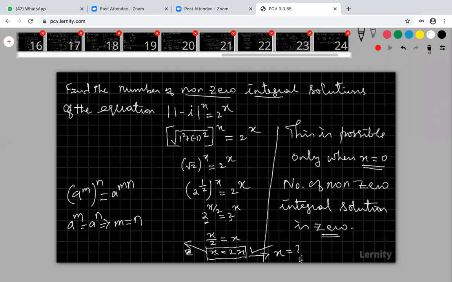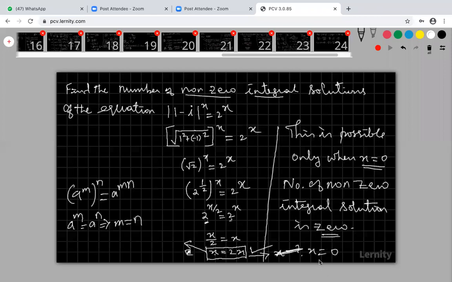Others please wait. Does 1 satisfy this equation? Does 2 satisfy this equation? 0 satisfies, you apply 0 on both sides. So my x is equal to 0 only satisfies this.